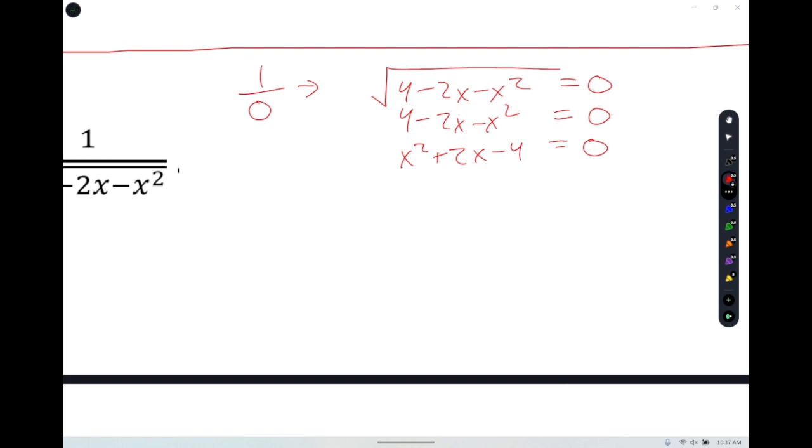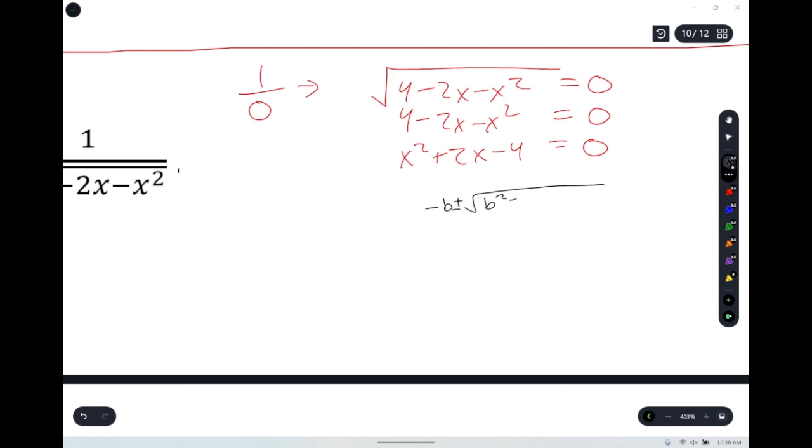That's so mean of them. That's so mean. Wait, what? That looks like it should be a good one. But it's not. All right, well, here we go. Negative b plus or minus the square root of b squared minus 4ac all over 2a. Wait.